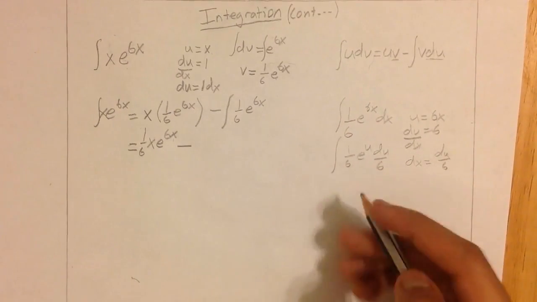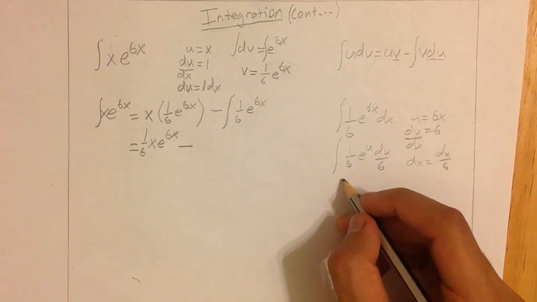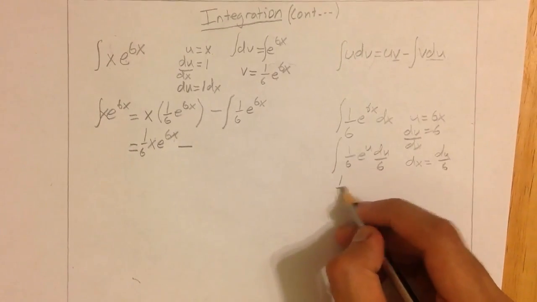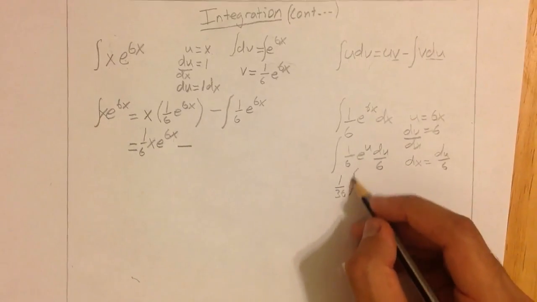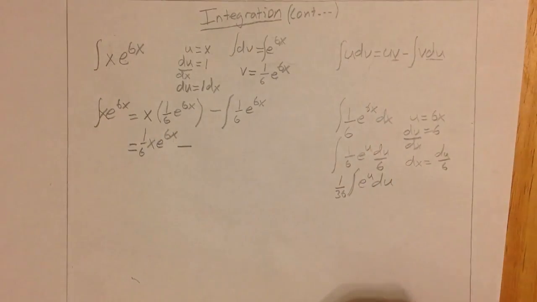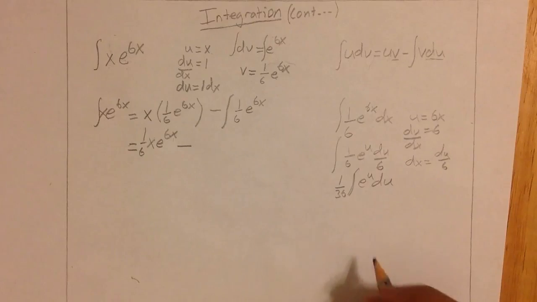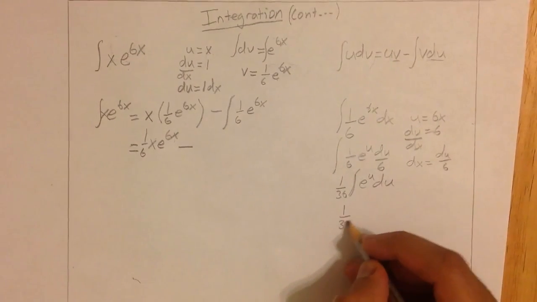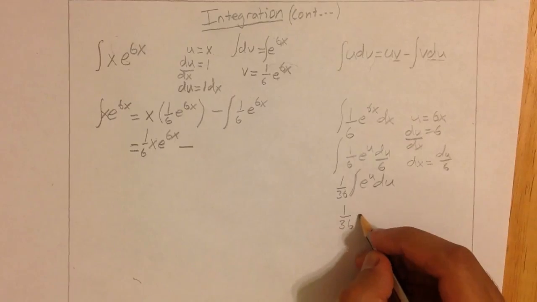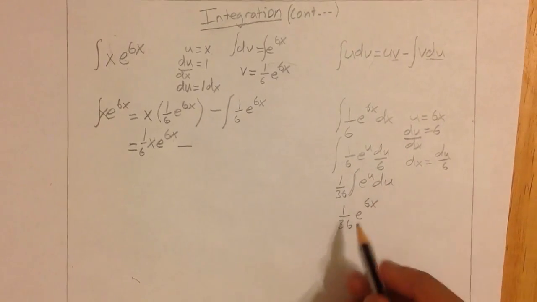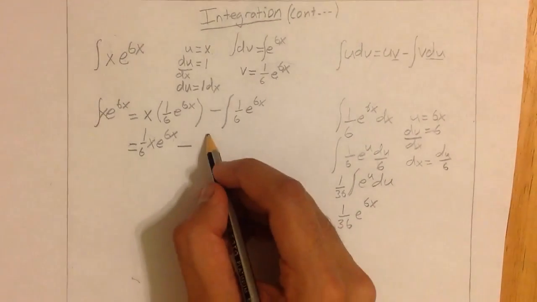Then we can find the integral of this, because we can pull out this constant 1/36 in front, and since we just have a du, we know that the integral or the derivative of e to the u is always going to be just e to the u. So we get an answer of 1/36 e to the 6x, which we can plug in back here.